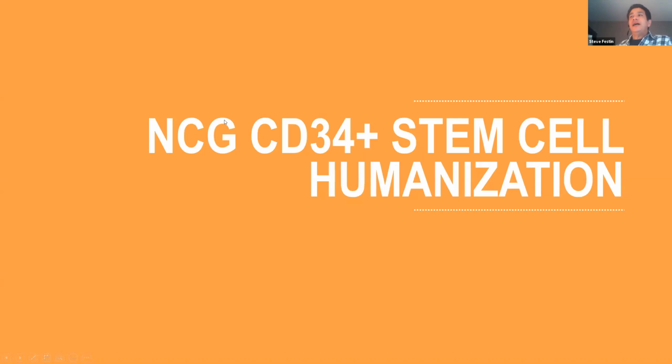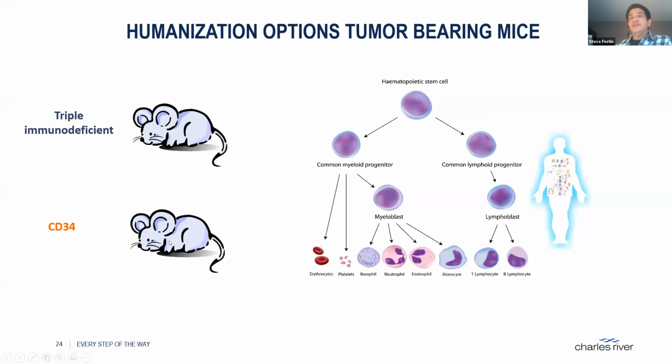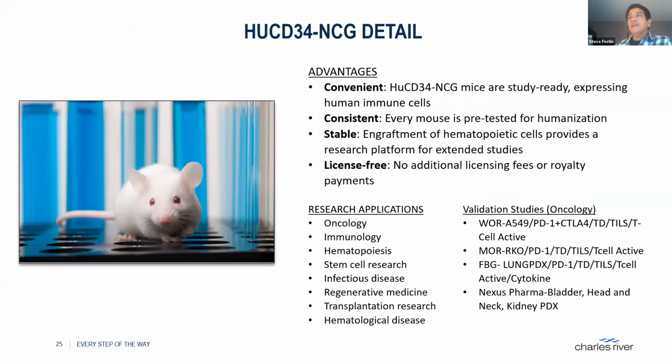So focusing in on the CD34 stem cell humanization, this is really focusing on the CD34 progenitor cell adoptive transfer. This is a bit of the promotion slide, and I think basically I'll skip over this.